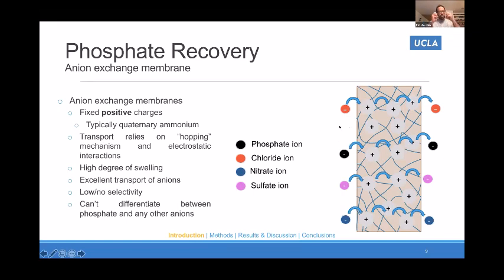These membranes will swell very well, and then the ions can move across the membrane through these fixed positive sites. The problem is that they don't differentiate between the various anions. So they'll allow chloride and phosphate and nitrate and sulfate across. Some people have tweaked the transport rates a little bit, but you still can't get very good separation between the various anions in this kind of situation.